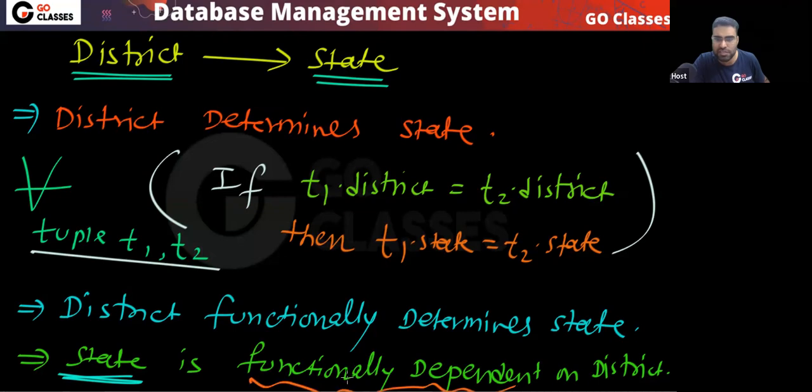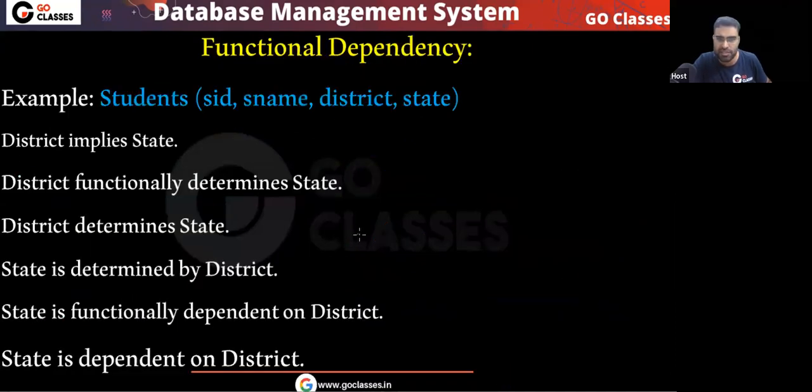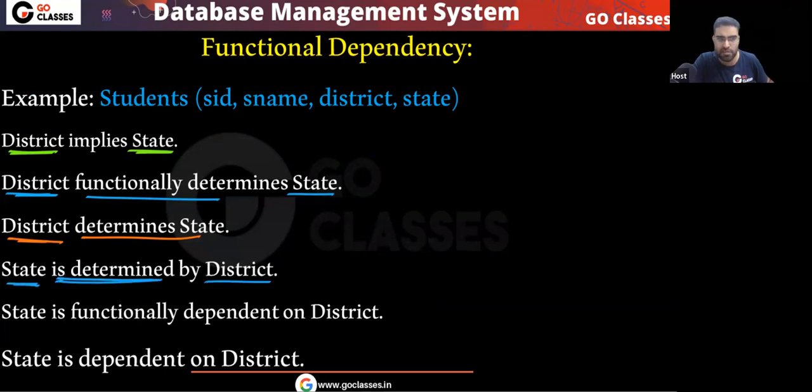This means that in two tuples, if the district value is the same, then in those tuples the state value will be the same. Remember, all these statements are the same: district implies state, district functionally determines state, district determines state, state is determined by district, state is functionally dependent on district, state is dependent on district.